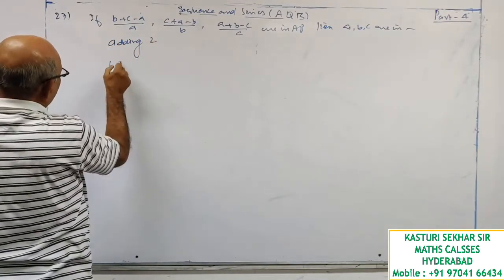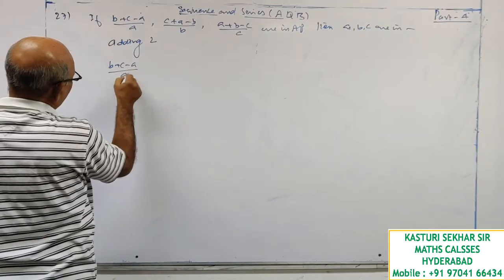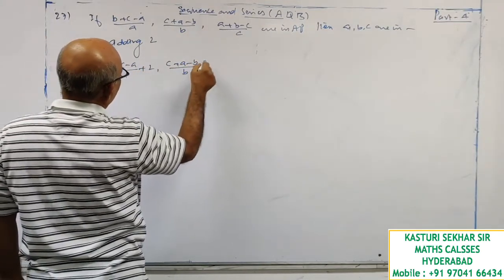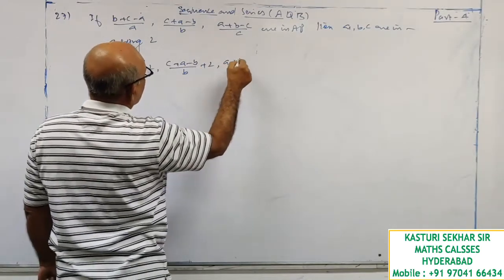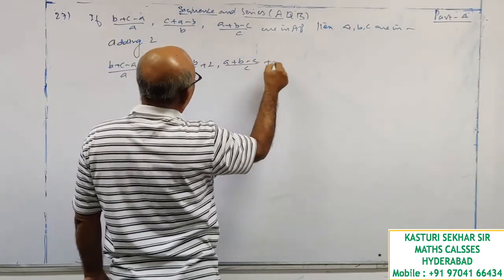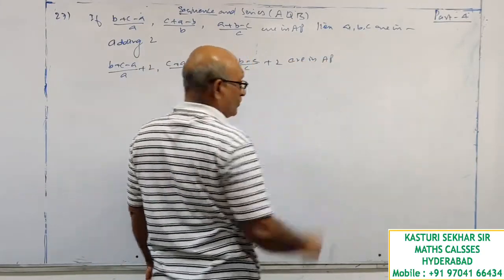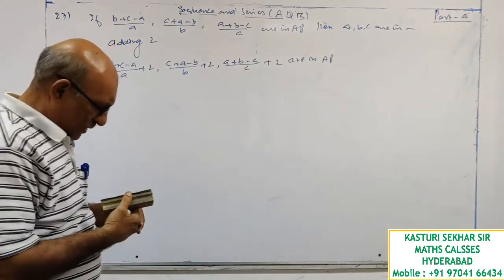Adding 2: (b+c-a)/a + 2, (c+a-b)/b + 2, (a+b-c)/c + 2 are in AP.